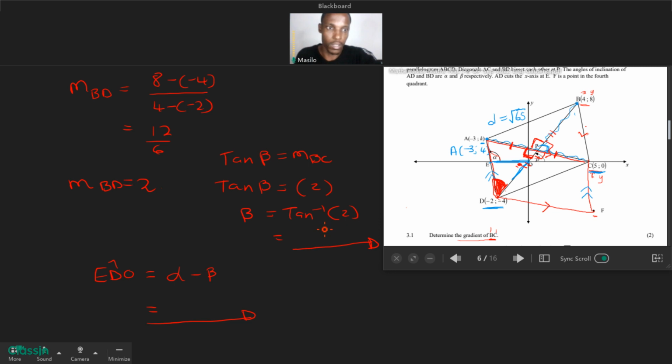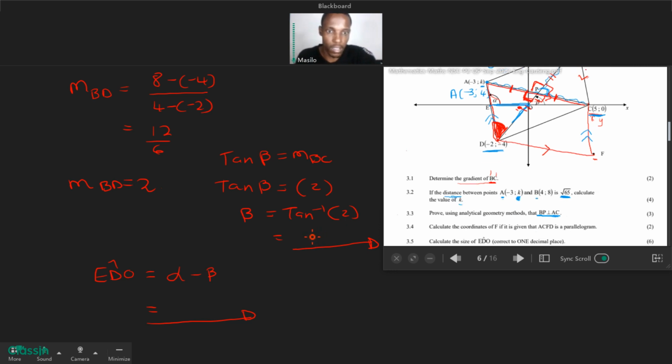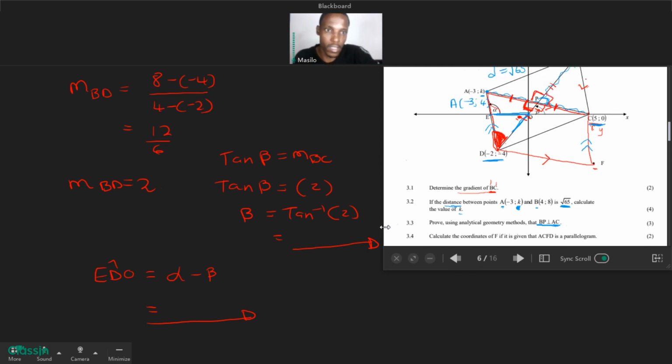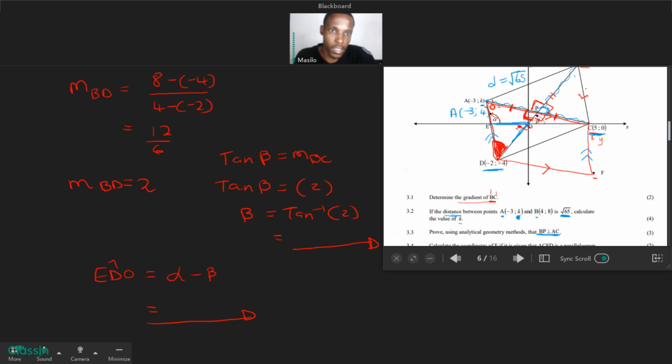Now let's check if we still have more questions relating. Calculate the area of ADC. ADC. Here is our ADC. Then you got the area of this triangle.